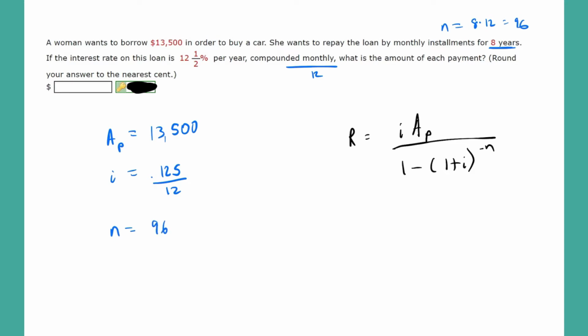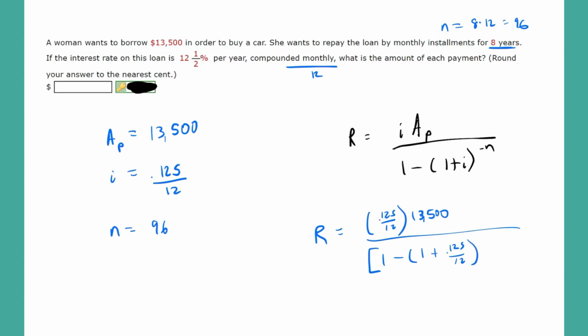All right, so if we plug in all these values, we should end up with parentheses 0.125 over 12, close parentheses, times 13,500, bracket 1 minus parentheses 1 plus 0.125 over 12, close parentheses to the negative 96, close bracket. All right, let's type that in just the way you see it.